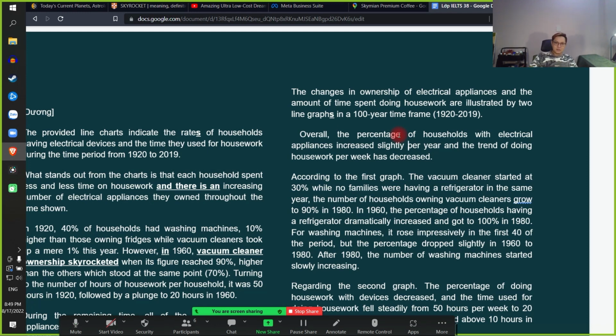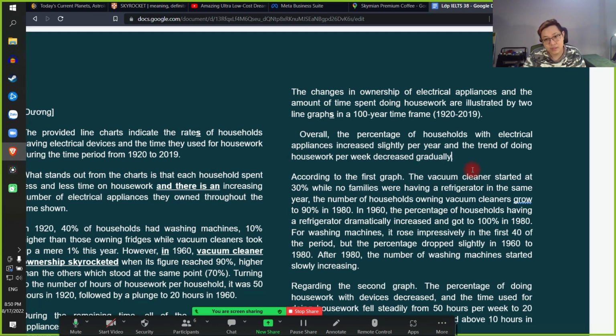It's simple. With electrical appliances increase slightly per year and the trend of doing housework per week decreased. Decrease gradually.